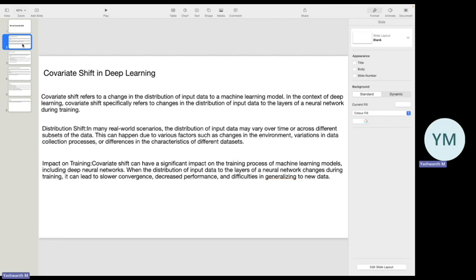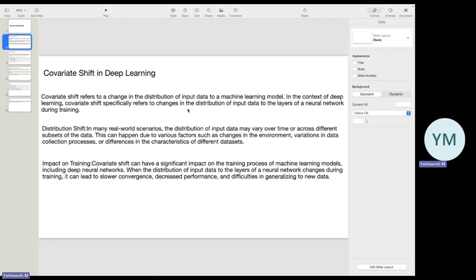So what is covariate shift in deep learning? Covariate shift refers to a change in the distribution of the input data to an ML model. In the context of deep learning, covariate shift specifically refers to changes in the distribution of the input data to the layers of the neural network being trained. This happens because of the choice of activation functions typically used in neural networks.